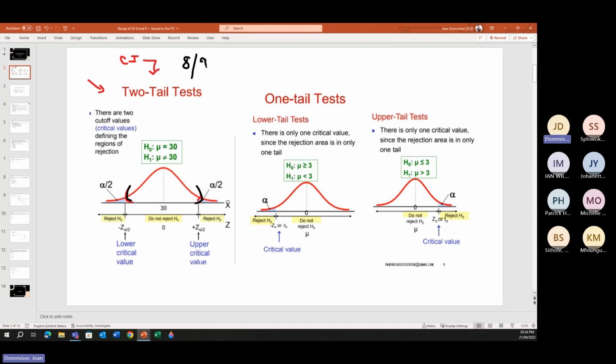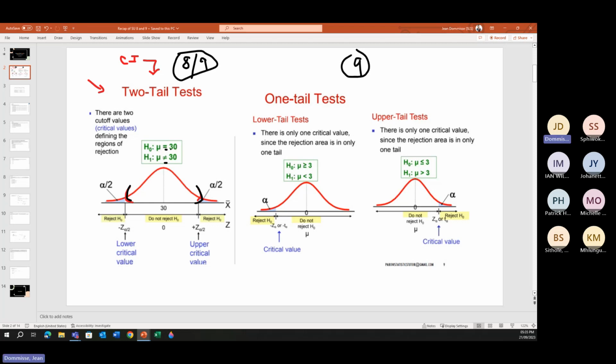And then in study unit 9, when we look at hypothesis testing, depending on how the hypothesis is, we will have a two tail when the null hypothesis is equal and the alternative is not equal.